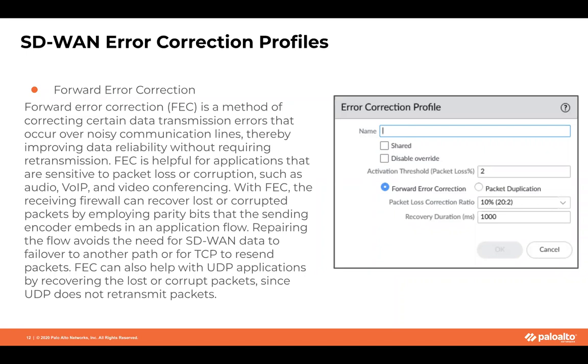FEC is a way of repairing specific sessions utilizing the parity bits that are attached to each session via this error correction profile. Usually you will see this for UDP traffic, where we won't get a retransmit of a lost packet, so for VoIP or video applications.